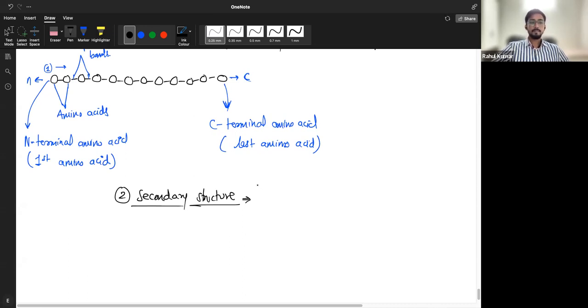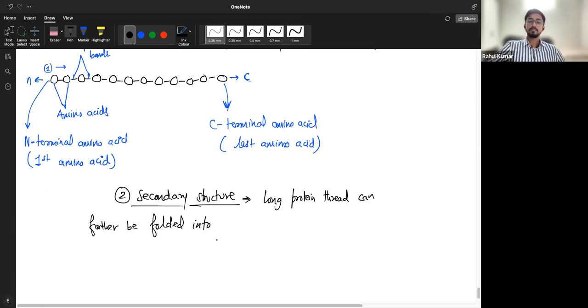Write down. The long protein thread or polypeptide can further be folded into, first, alpha helix.